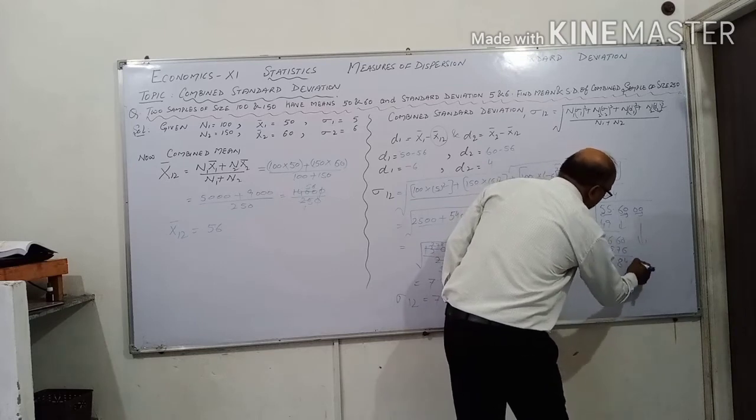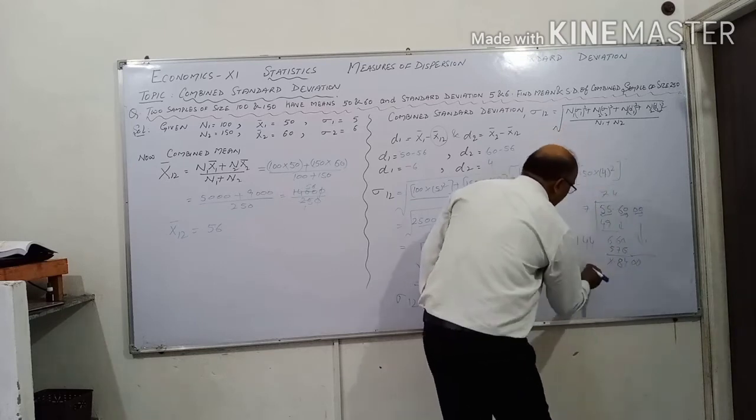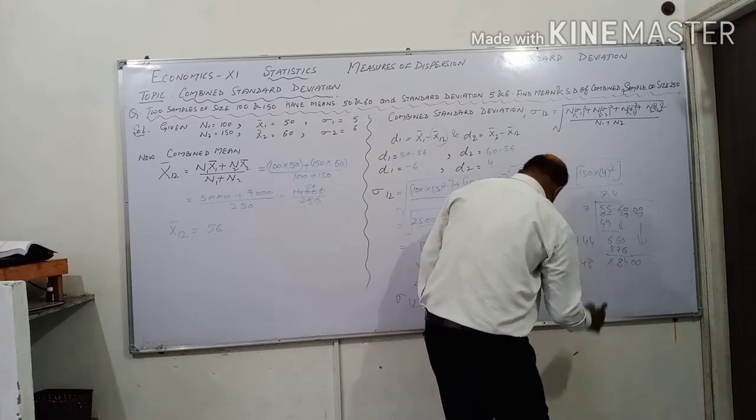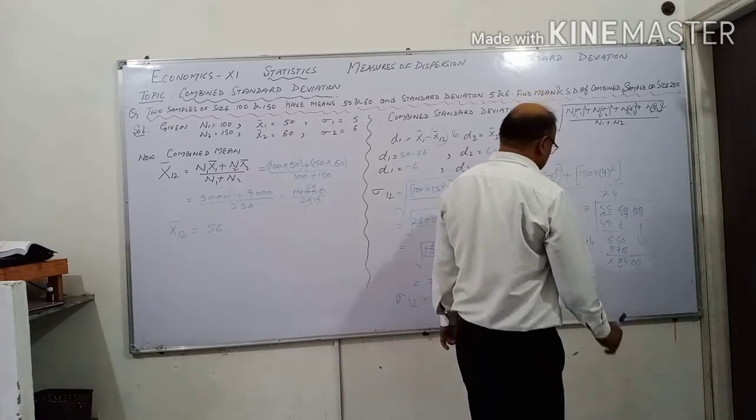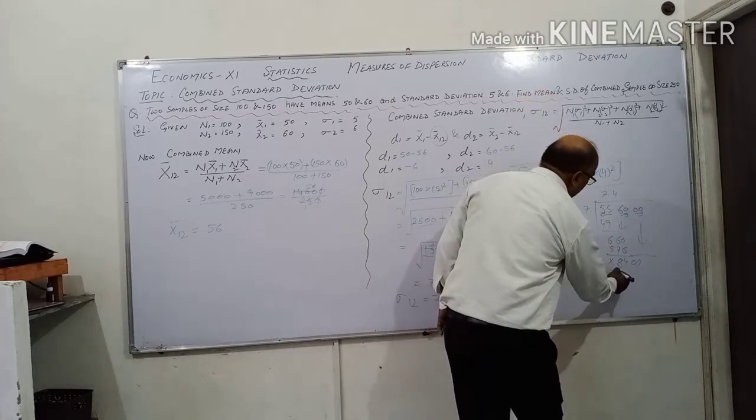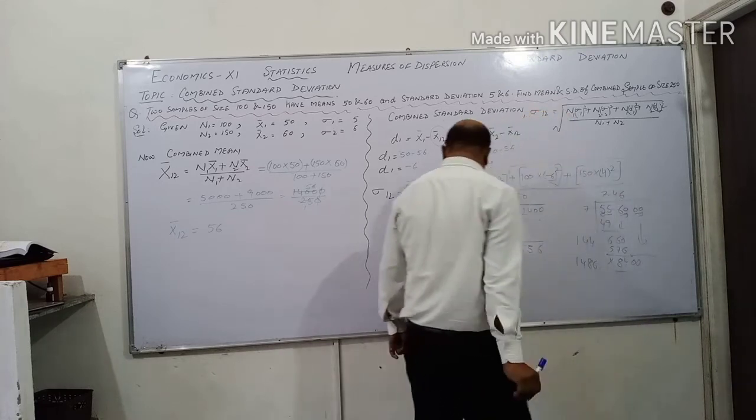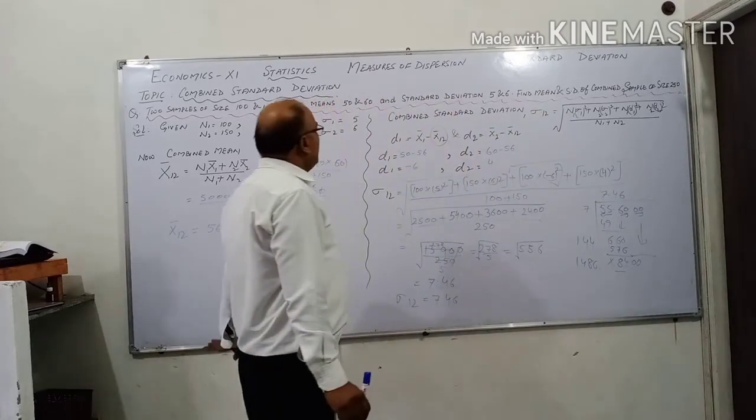Now carry down the next pair, 74, and 74 plus 74 is 148. Now multiply in such a way that it comes around this. So this is your answer, 7.46, the combined standard deviation.